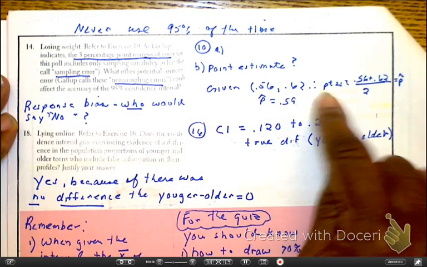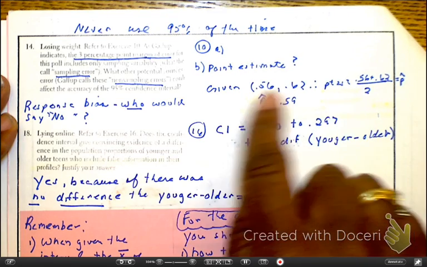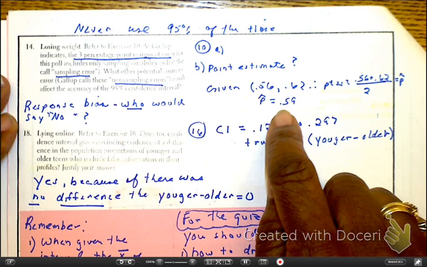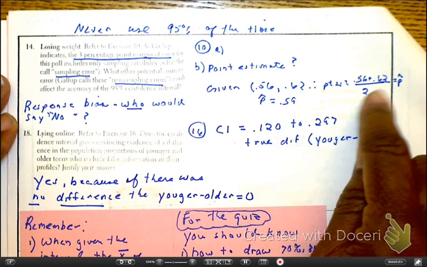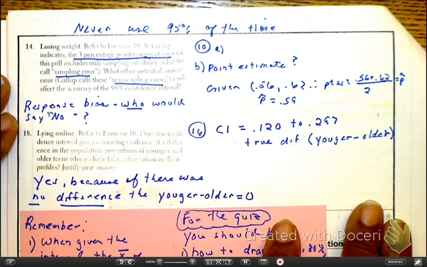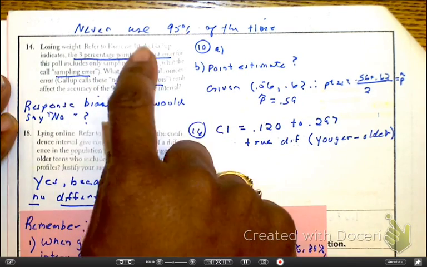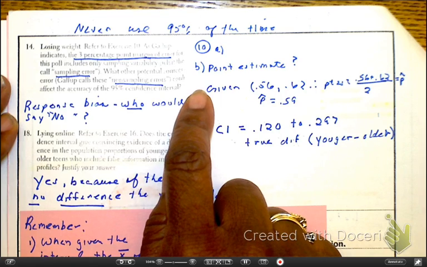And just to remind ourselves, if we have the interval, the two extreme values, the highest and the low, to find the point estimate, all we did was take that interval and divide by 2. That is the math behind it. I just wanted to throw that in.